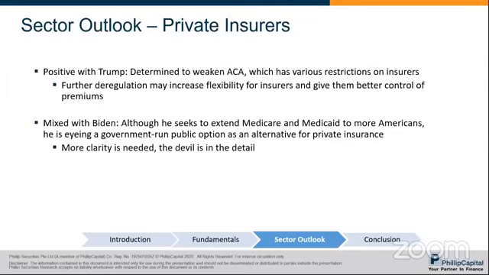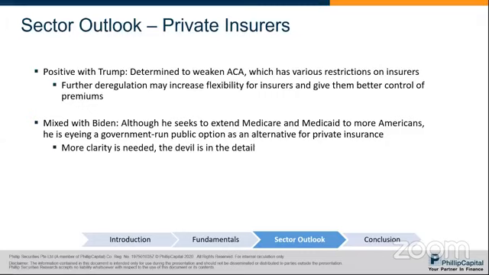But generally, insurance is positive with Trump because he's determined to weaken the Affordable Care Act, and the act itself has various restrictions on insurers. So by weakening it, it would tend to favor insurers because they have better control of their premiums.